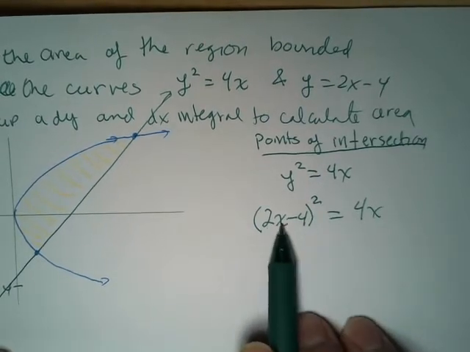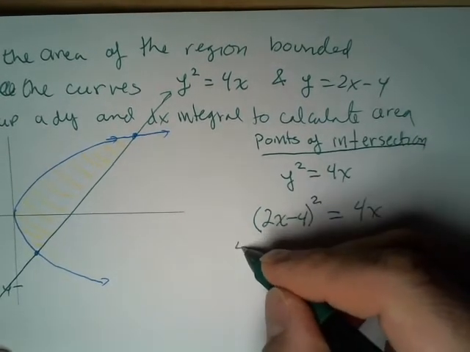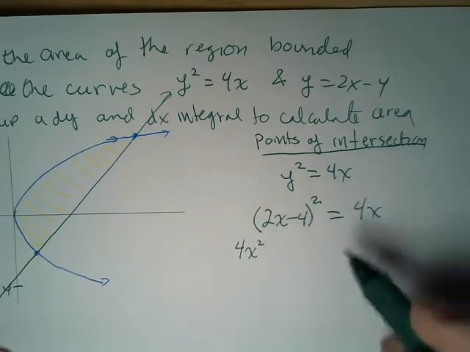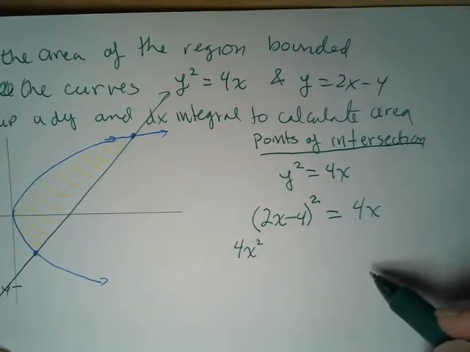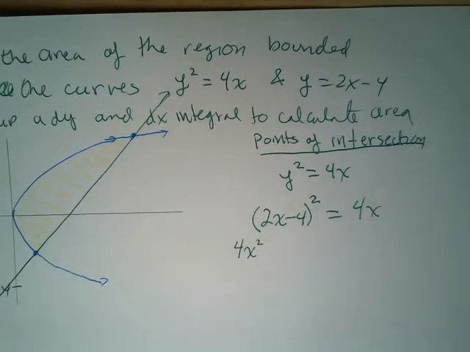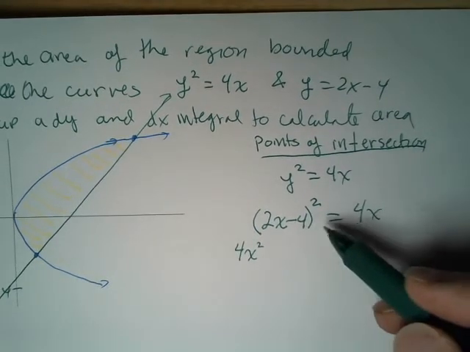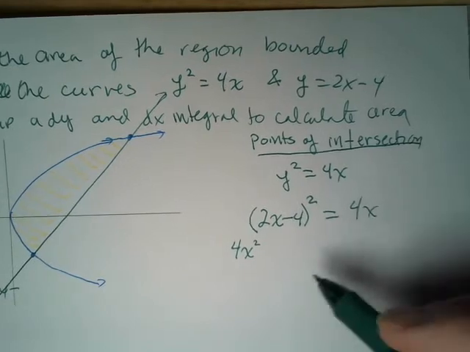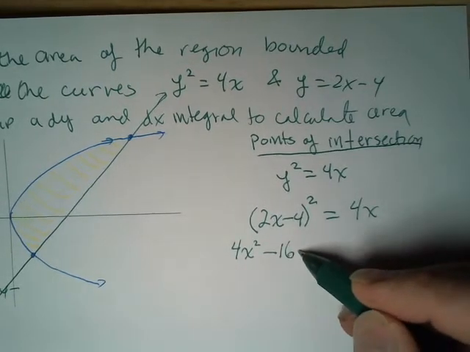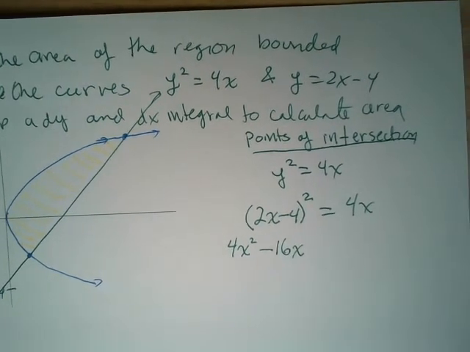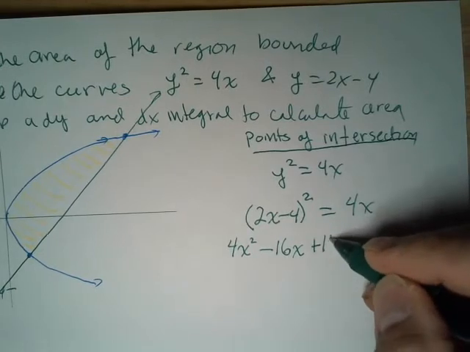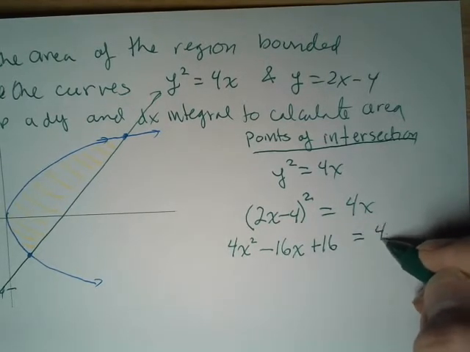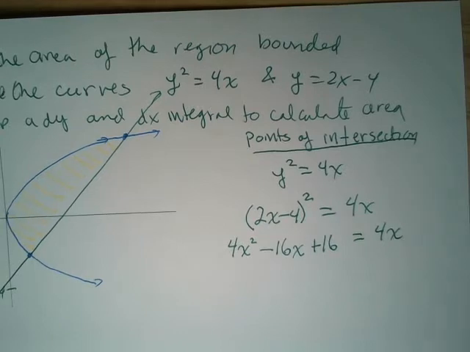Let's see, expanding this out, we get 4x squared. The outer terms, 2x times negative 4, negative 8x. Inner term, negative 4 times 2x is another negative 8x, so we get negative 16x. And then the last term is plus 16 equals 4x. Set this equal to 0.